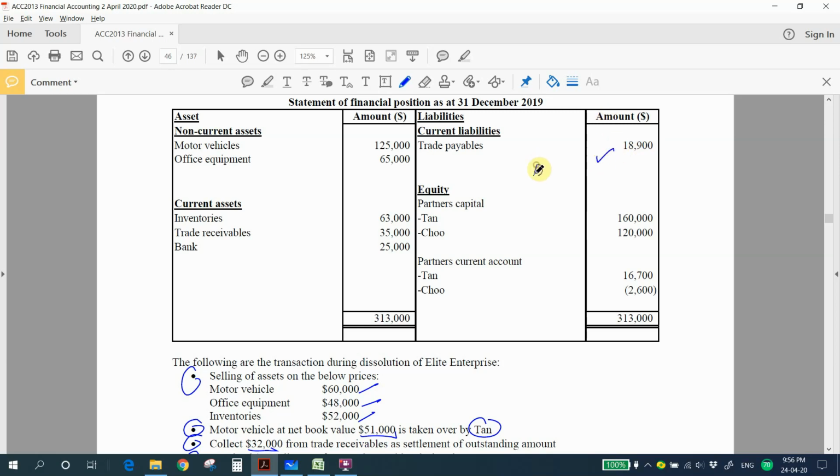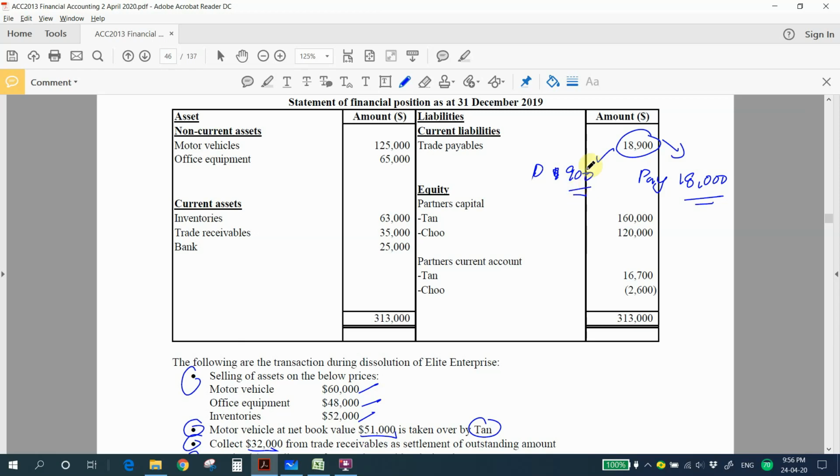If I receive a discount of 900, how much I paid to my trade payables? So the payment is the remaining amount, 18,000. It means that the outstanding balance is 18,900. I pay to my supplier 18,000 and they give me a discount of 900.